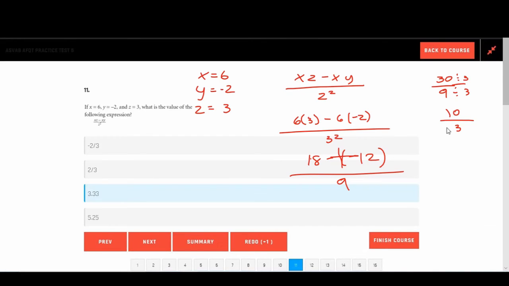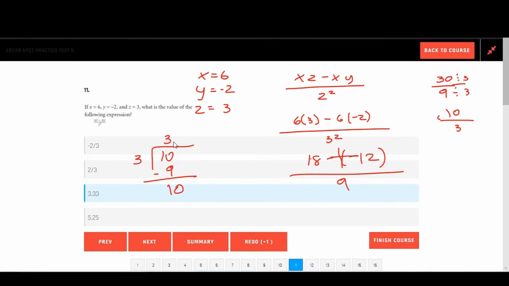And again, all fractions can be regarded as long division. 10 over 3 is the same as 10 divided by 3. So we can go ahead and work this out. 3 goes into 10 3 times without going over. 3 times 3, of course, is 9. Subtract. 10 minus 9 is 1. 3 doesn't go into 1, so we have to add a 0.